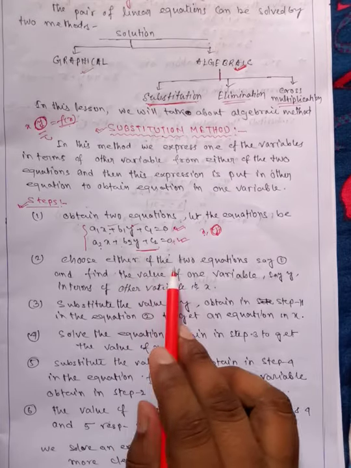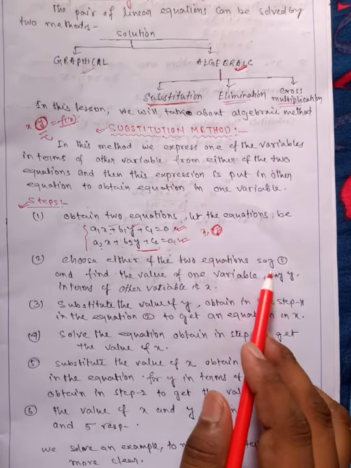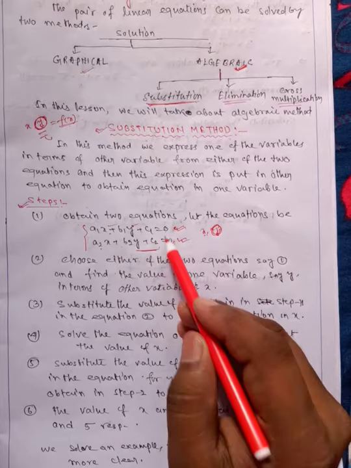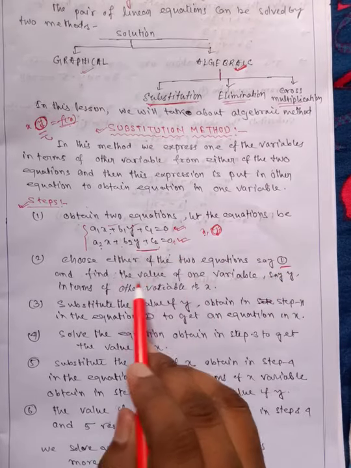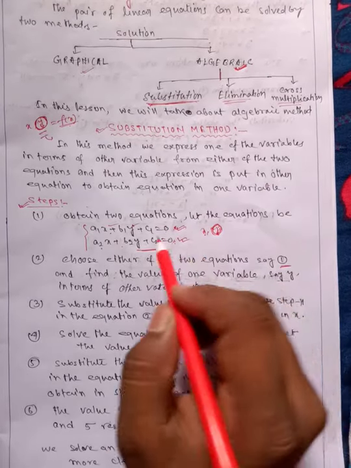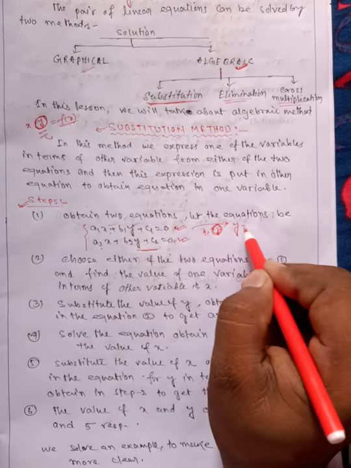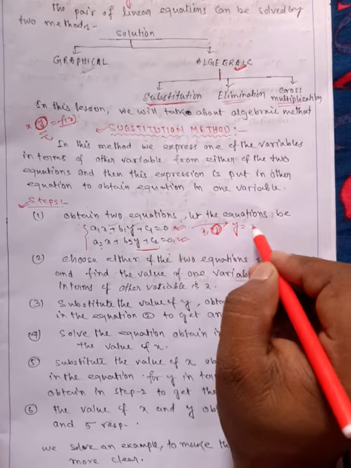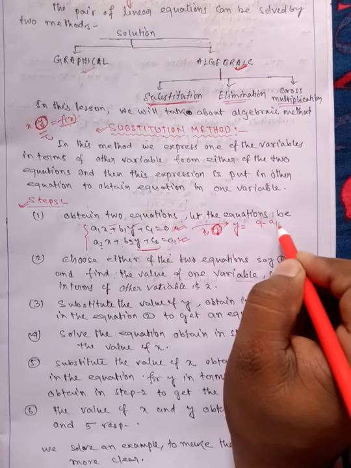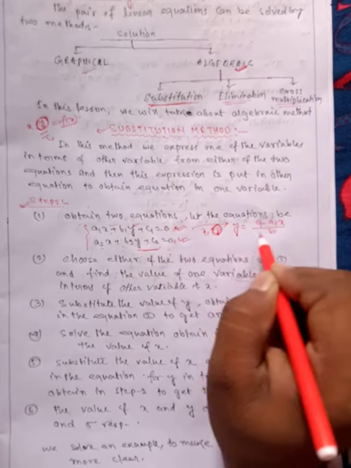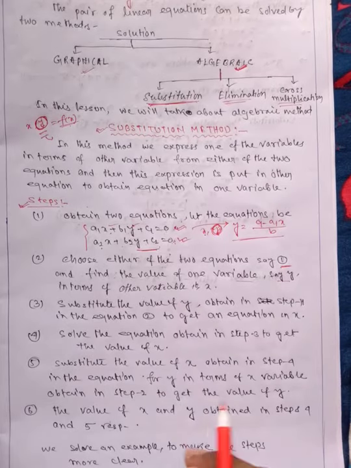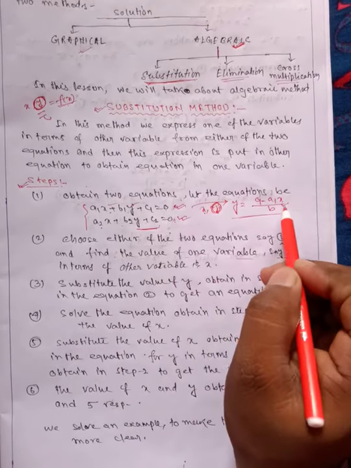So choose either of the two equations, suppose the first one, and find the value of one variable, suppose y. So I am expressing y from the first equation in terms of x. So y equal to, you can write, (c1 minus a1x) by b1. This is the expression of y in terms of the other variable, that means x.